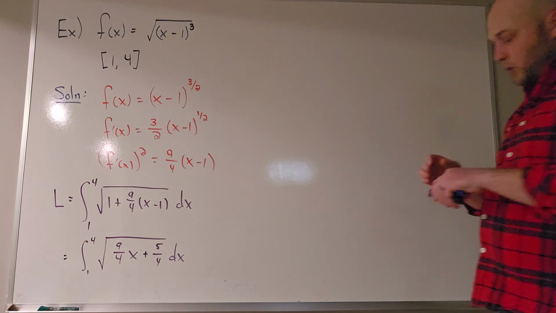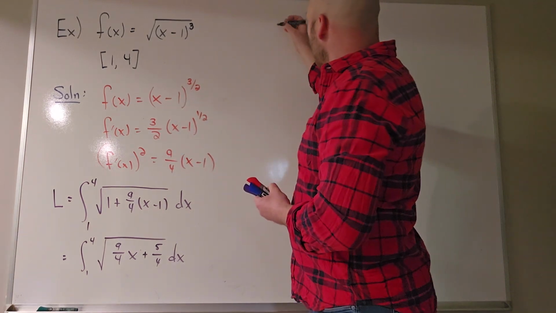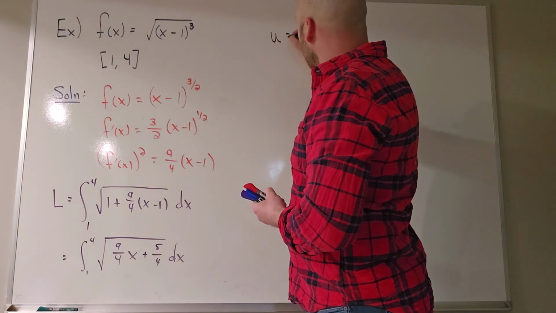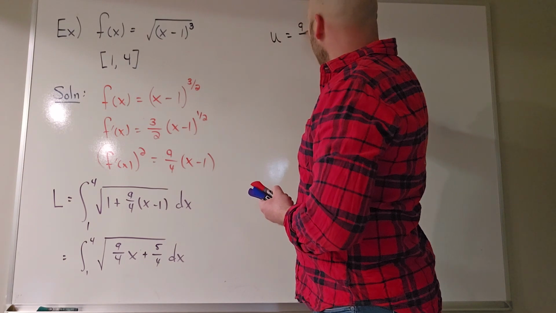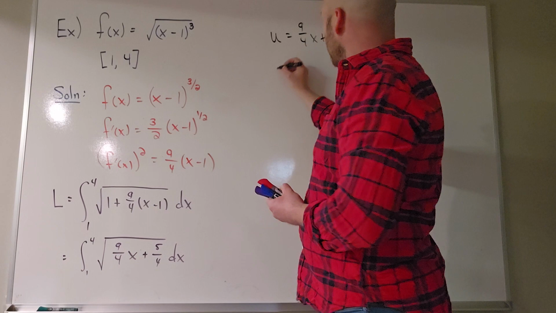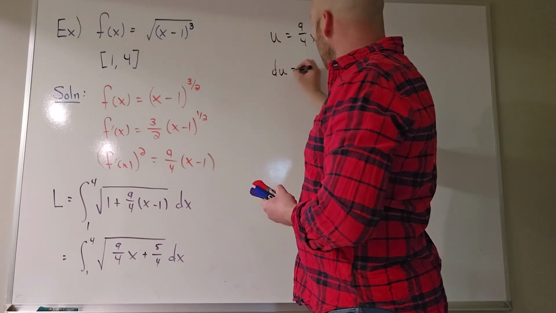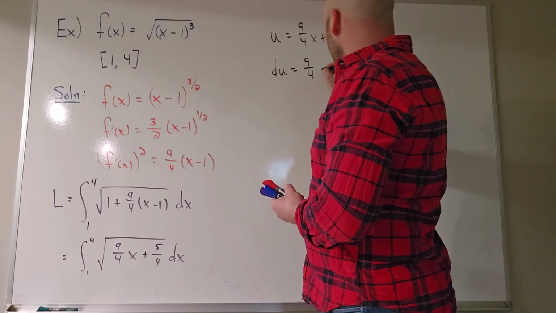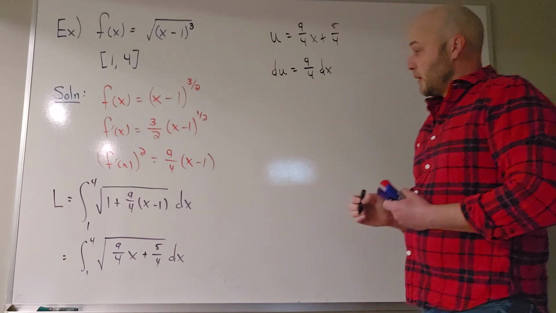So then the substitution for this one, u is going to be 9/4 x plus 5/4. du would be 9/4 dx.